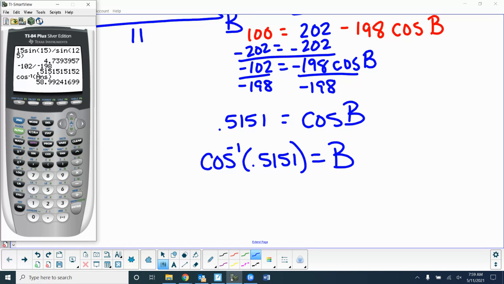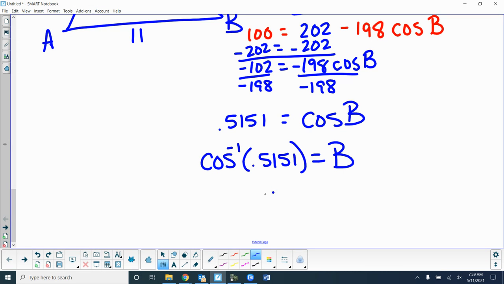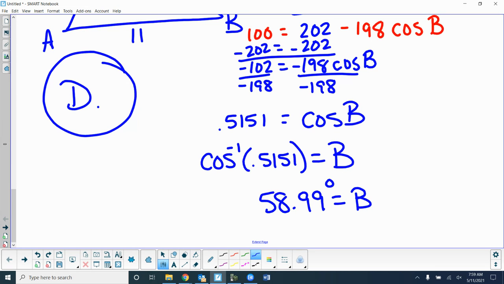So it's 58.99 degrees, which was letter D for number 11. Okay? So for number 11, you're going to use law of cosines. All right, number 12.